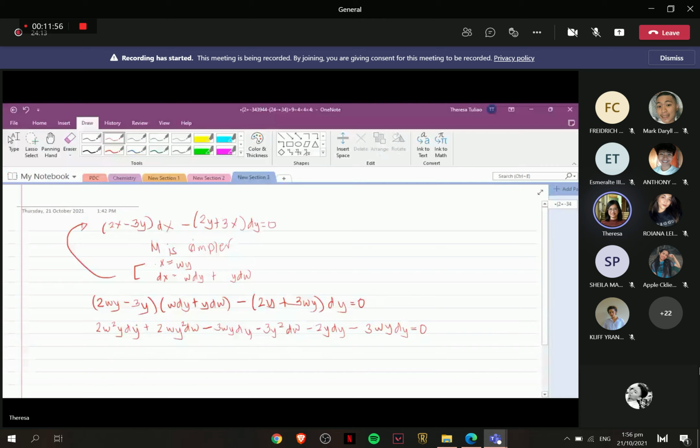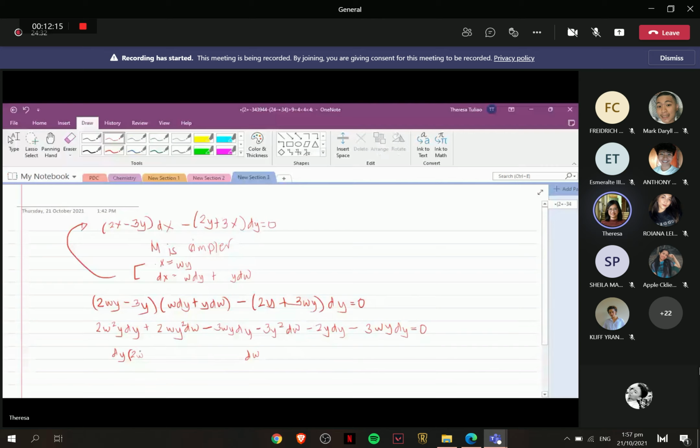So, paghiwalayin natin lahat ng may dy at lahat ng may dw. Okay, sino ang may dy? We have this term, 2w squared y. Sino pa ang may dy? Meron din dito kay 3wy. Sino pa?